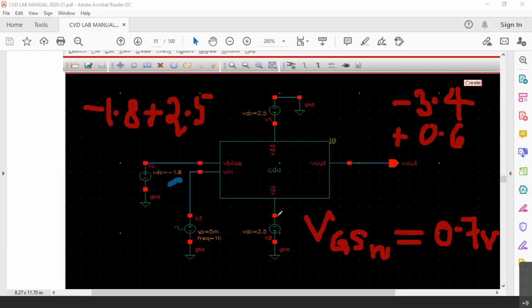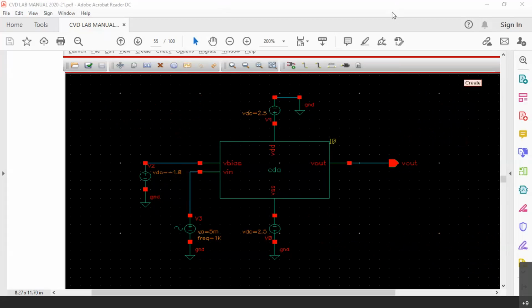So when the source is at minus 2.5, the gate can be at minus 1.8. Actually, between gate and source, it is only plus 0.7 volts. That way, the gate to source voltage of the N MOSFET is positive, and that is when it works like a resistor there. It will be working in the linear region. That is how these voltages are chosen.